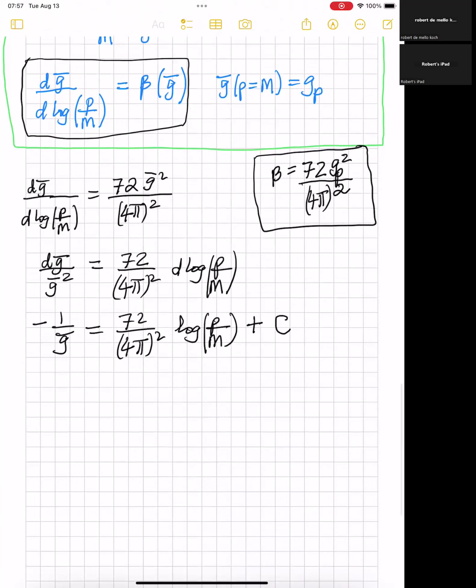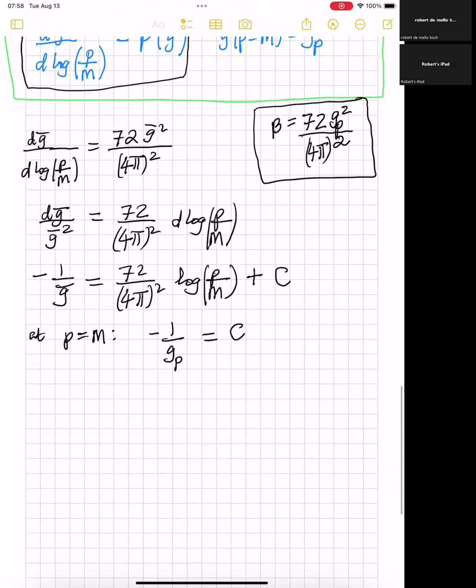And to figure out what c is, we should evaluate things at p is equal to m, where g bar is g_m. So at p is equal to m, we find minus 1 over the physical coupling is equal to, now plugging in p is equal to m, we get log m over m, which is the log of 1. So that term disappears. This is just equal to c. So we now know what c is.